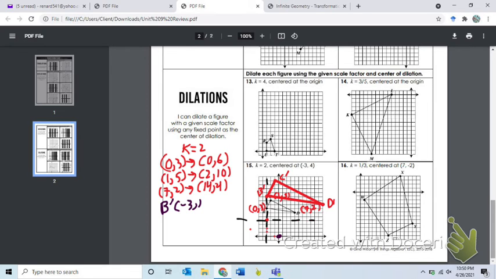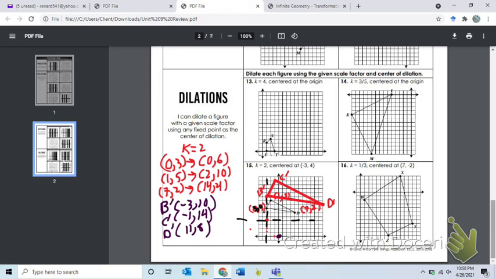So these you need to actually do from (0, 0). So once you find the phantom points and graph a figure, you may be asked to actually state the coordinates of your prime enlargement or reduction. And for that, you do need to reference (0, 0).